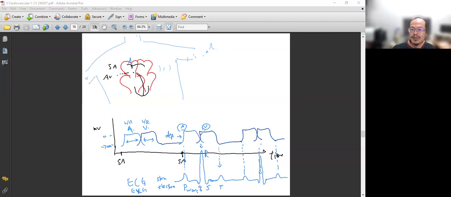Besides, this depolarization usually is sharper than the repolarization. So this change is the dominant force to generate this QRS complex. So what's the QRS? QRS is associated with the primary ventricular depolarization. And the T wave is associated with this one here.